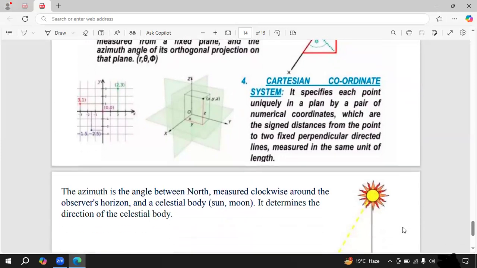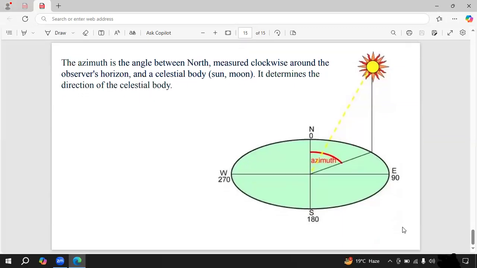Now the last thing is the azimuth angle. What is azimuth angle? The azimuth is the angle between north, measured clockwise around the observer's horizon, and a celestial body whose angle you want to measure from your reference point.